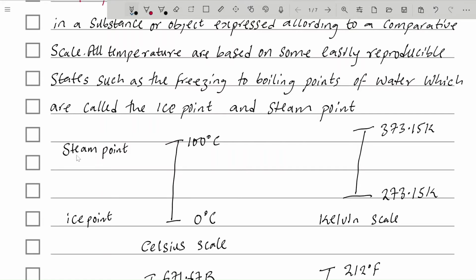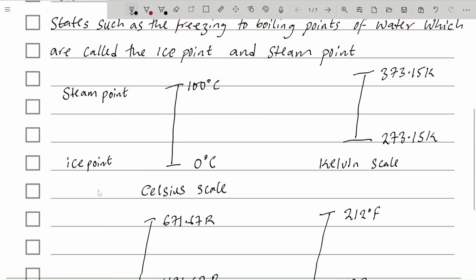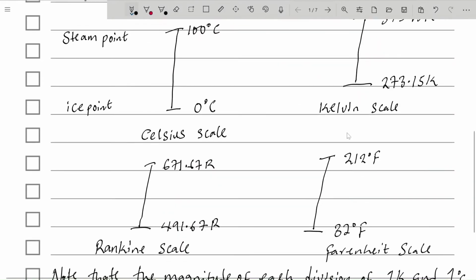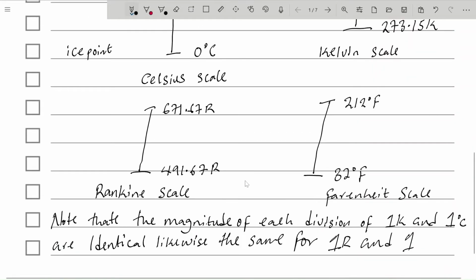So the steam point for the Celsius scale is 100 degrees Celsius, and the ice point for the Celsius scale is 0 degrees Celsius. Likewise for the Rankine scale, the steam point is 671.67 Rankine. The ice point is 491.67 Rankine. Likewise for the Fahrenheit scale.